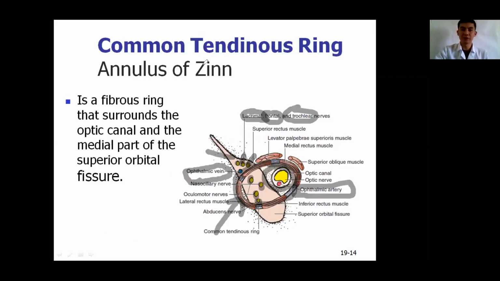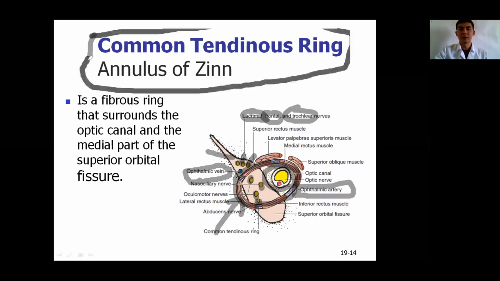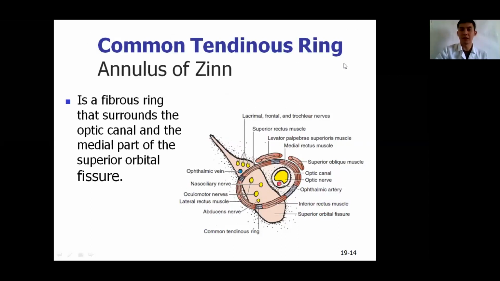And the common tendinous ring is the site of origin of the four rectus muscles: superior, inferior, medial, and lateral.